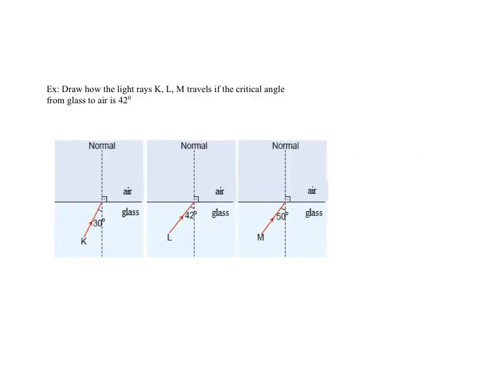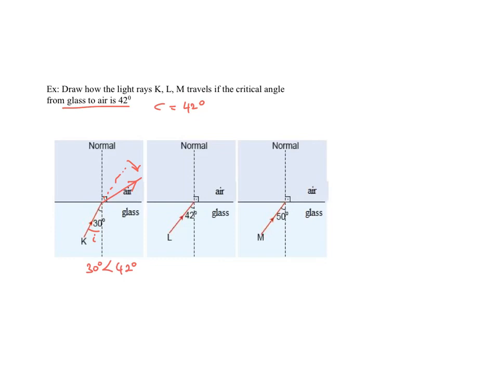Now we're going to draw how the light rays K, L, M travel if the critical angle from glass to air is 40 degrees. Now the angle of incidence is 30 degrees, which is smaller than the critical angle, so it will go through the other medium, getting away from the normal.